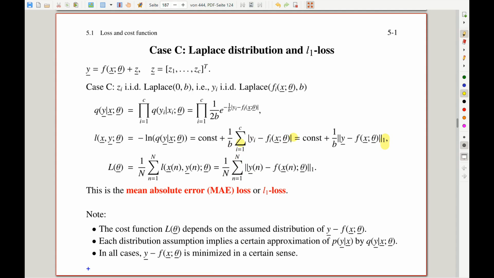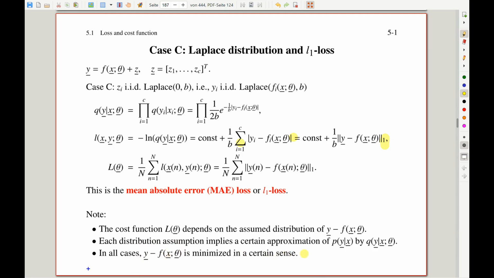So you see, you can choose the mean square error loss, you can choose the mean absolute error loss from PyTorch. It depends on you, right? You would like to see which one is better. It's hard to say because each loss is optimum in a specific sense. But regardless of the loss you are choosing, in all cases, we are minimizing the difference between the desired output and the actual output in a certain sense.